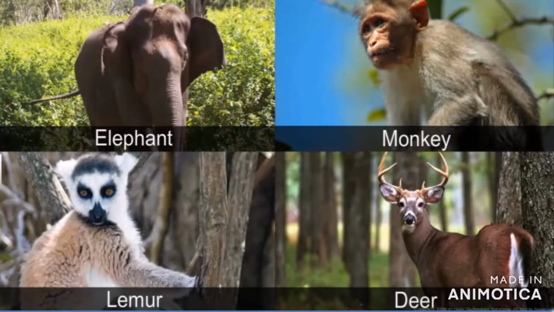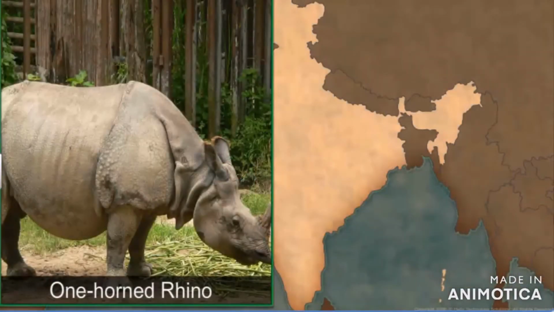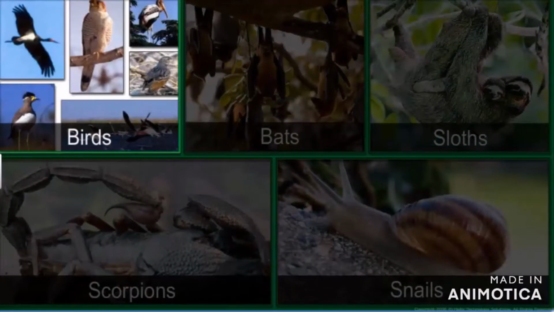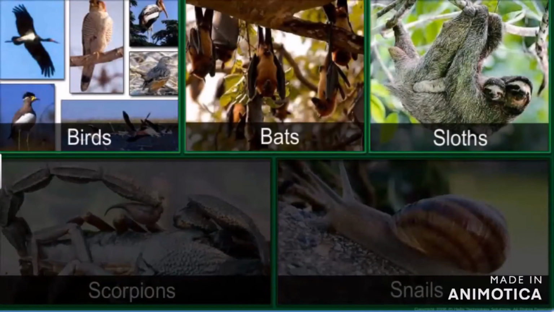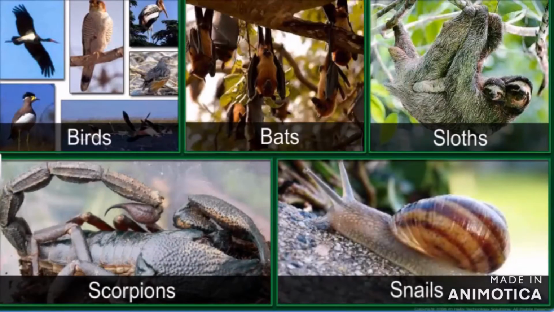The endangered one-horned rhino is found in these jungles of Assam and West Bengal. A variety of birds, bats, sloths, scorpions, and snails are also found in these jungles.